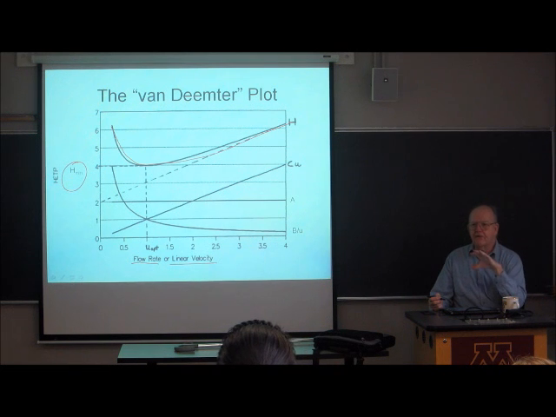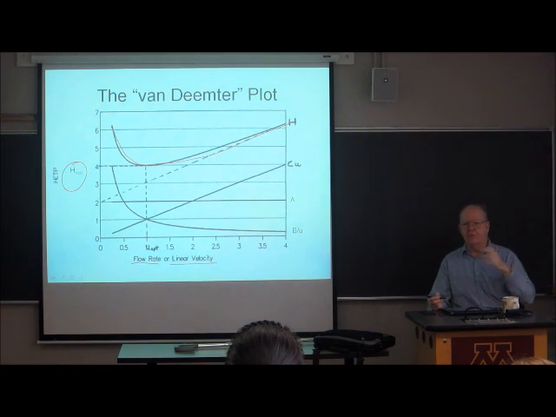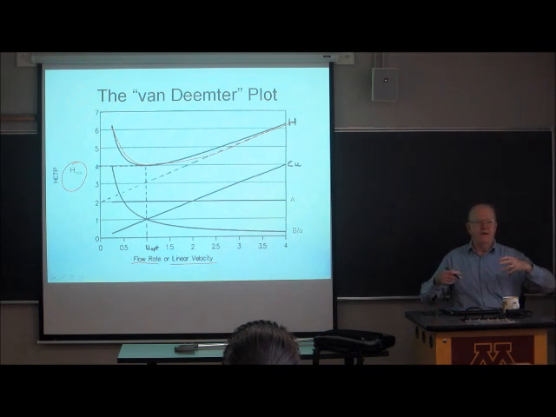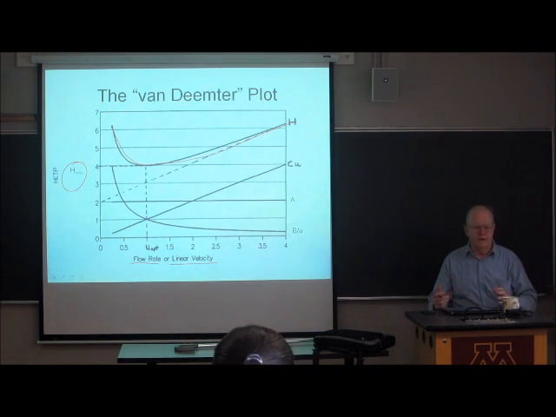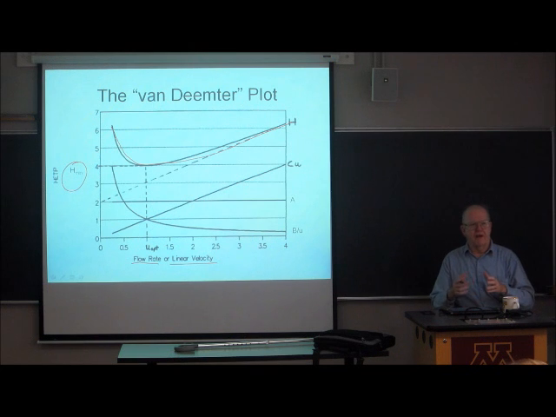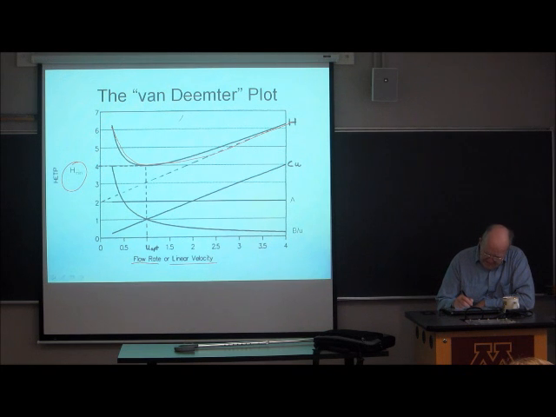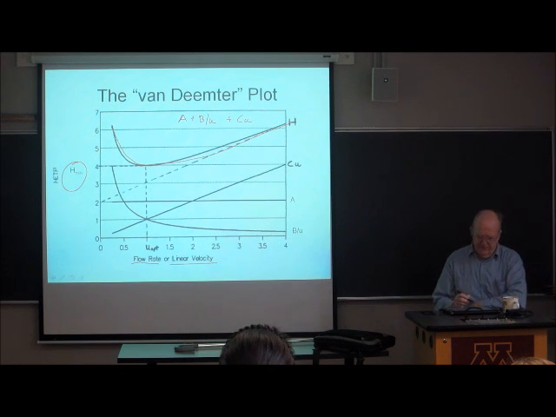The A, B, and C are empirical constants. You have to measure the plot, and then you can, from fitting the curve one way or another, determine the constants A, B, and C. The three parts of it, the A plus B over U plus CU, the three parts are: A is just a constant.